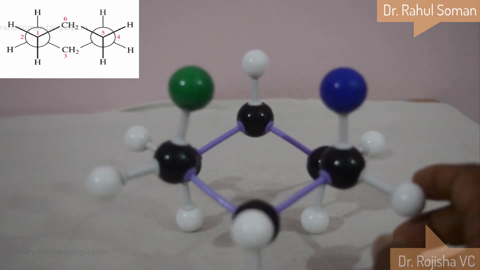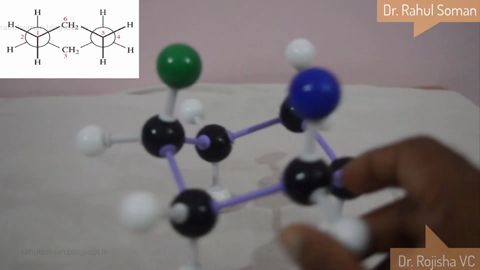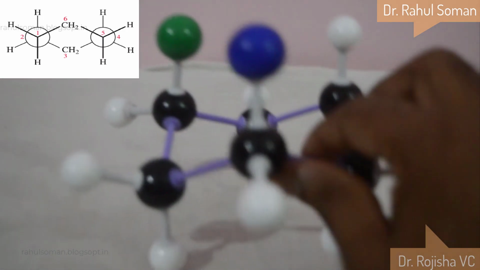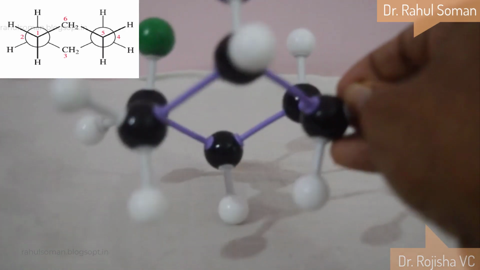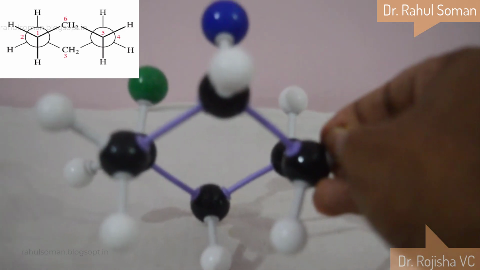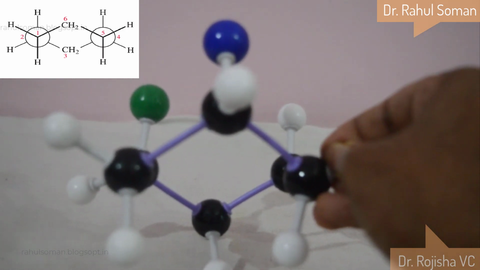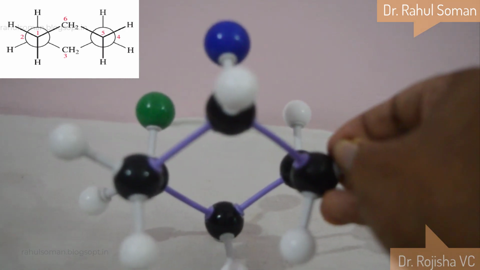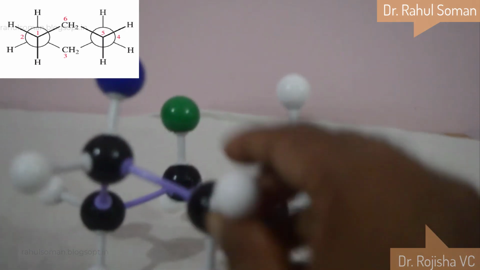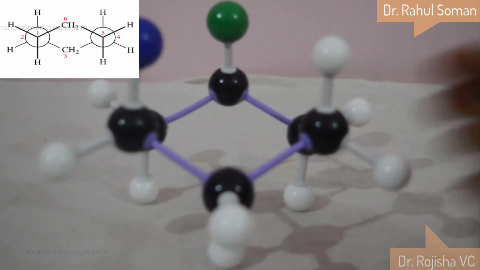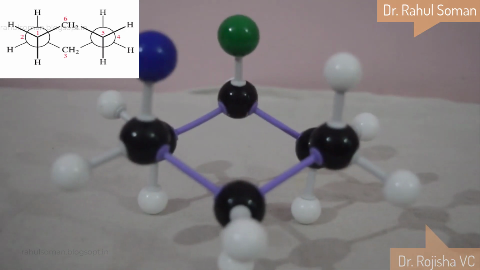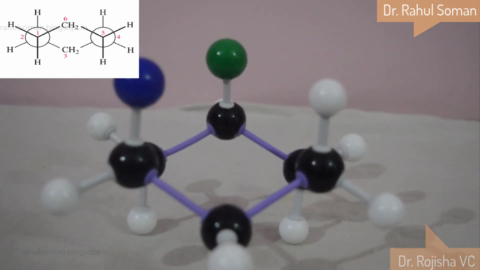Like in the image, if I rotate and view through this sixth carbon, let us see what is happening. This is also in a staggered conformation, and if you view it in this fashion, again it is staggered.